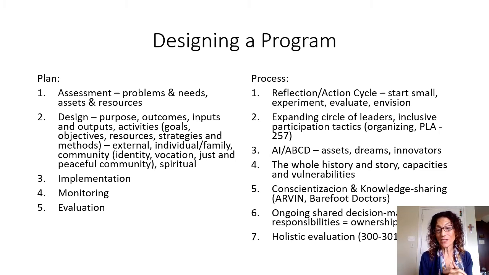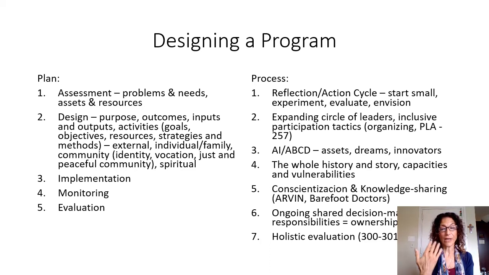So what is the process that you need to follow for effective development? First of all, you're not doing a plan that you're just steaming ahead with and implementing regardless. You need a reflection-action cycle. And you need a reflection-action cycle both to ensure that you're continually course-correcting, that you're learning and improving the plan as you go, but also so that you are building the capacity of the people in the process.